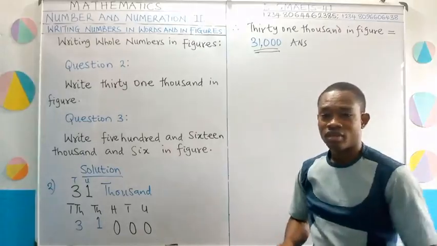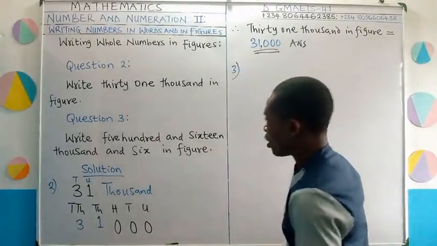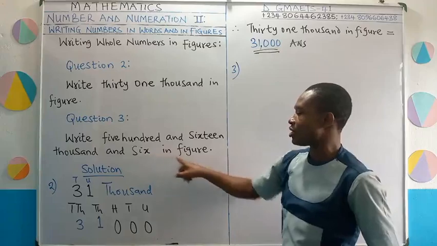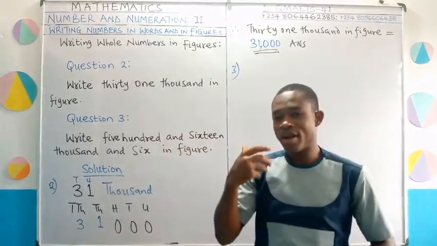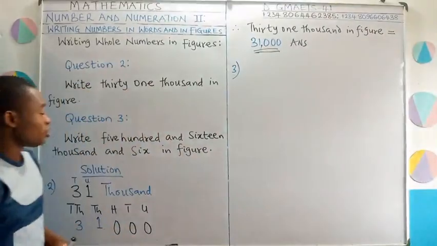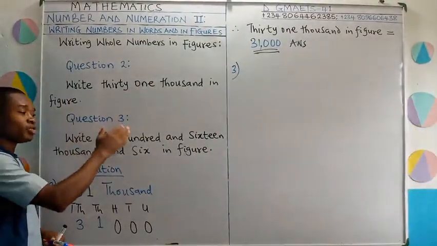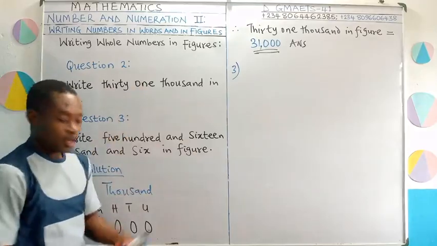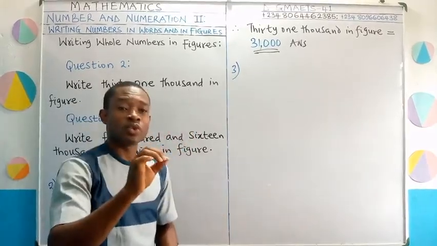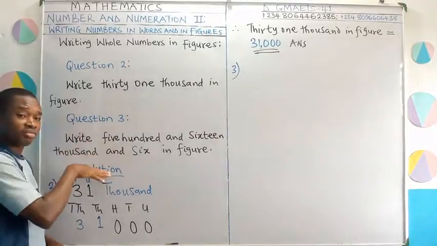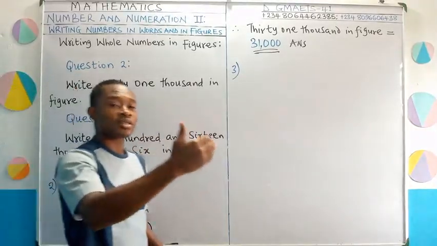Alright, question 3. The solution. We are asked to write 516,006 in figure. Now, when you pronounced it, you heard 516,000. I think the only standard place value you heard there is this thousand. 516,000, then and 6. Now, if I mention the word 516, we know that the standard place value is thousand already. So coming to that, 516.